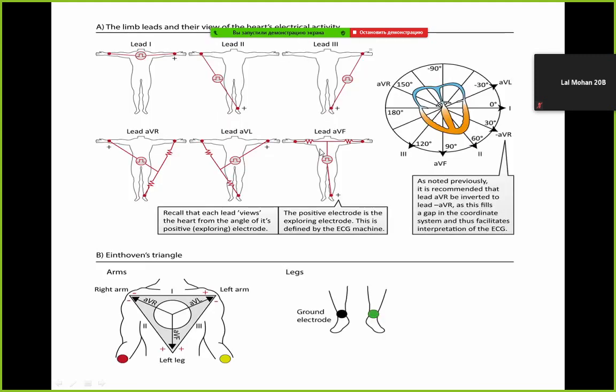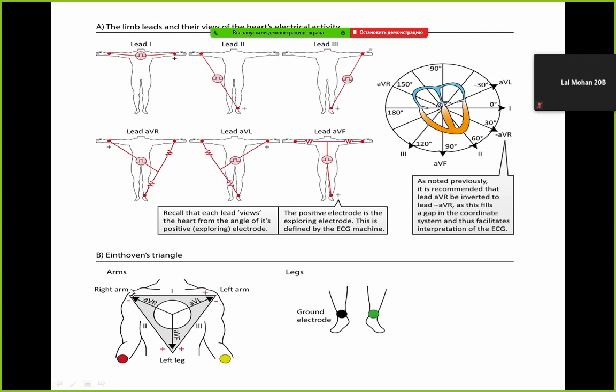So this figure demonstrates the organization of the limb leads. Note that the electrode on the right leg, this black electrode, is not included in any lead, but serves as a ground wire. The first, second, and third standard leads are Einthoven's original leads, and they can be presented with Einthoven's triangle.